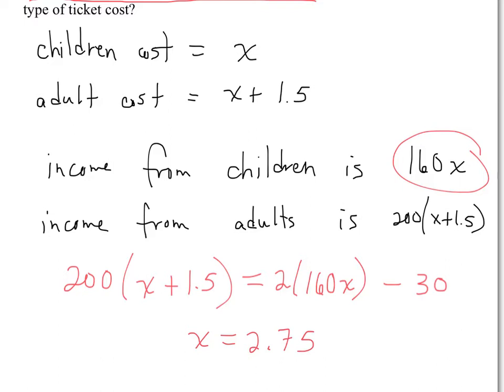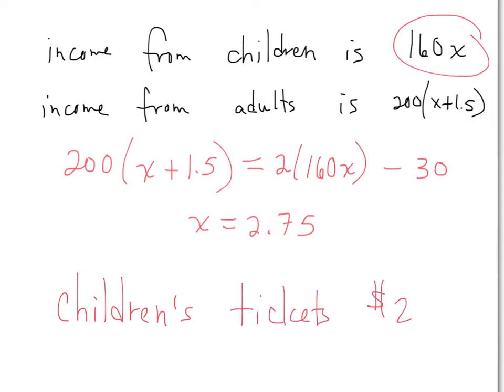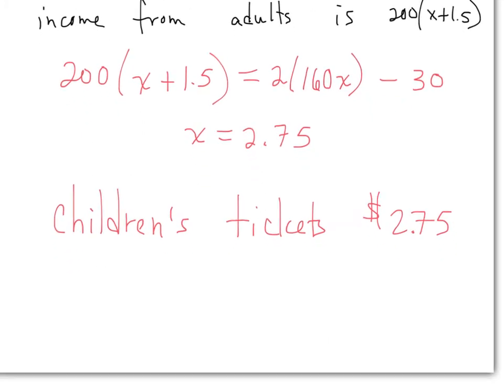So it makes the adult ticket $4.25. It's $1.50 more. So again, remember, you're asking how much does each ticket cost? So you have to make a statement, some sort of verbal statement. Okay, and then the adults are $1.50 more than that. So just tack on 150, giving you 4 1/4.